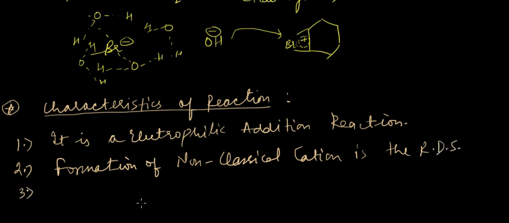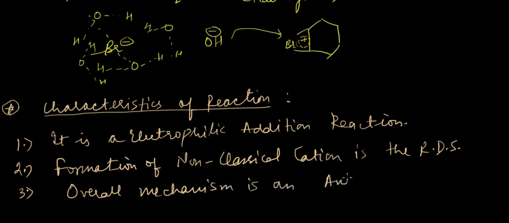The third one is that the overall mechanism is an anti-addition. In the case of hydrogenation, it was a syn addition. And in the presence of cold alkaline 1% KMnO4, or Baeyer's reagent, it was also a syn addition.